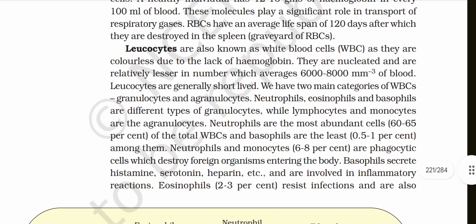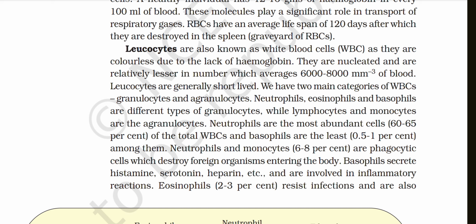This is the order of decreasing abundance. It is most abundant as neutrophil, then lymphocytes, then monocytes, then eosinophil, and then the last, which is the least abundant, is basophils.